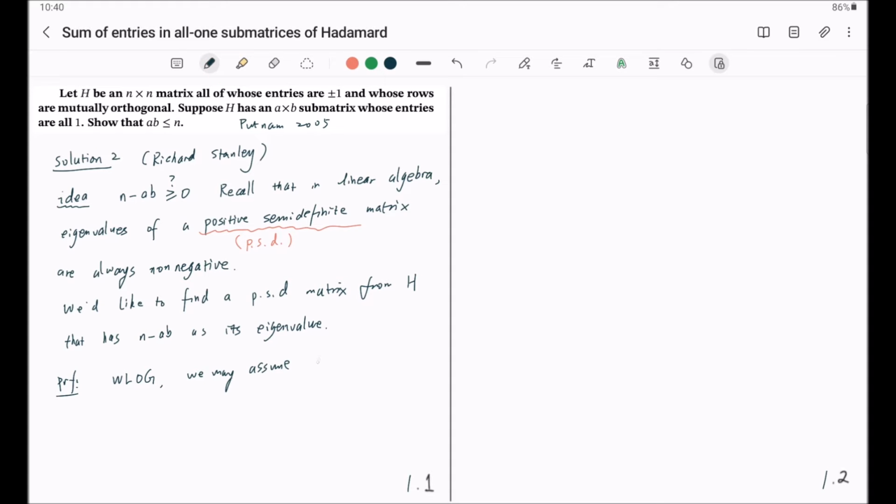So without loss of generality, we may assume that the A by B submatrix of all ones occupies the first A rows and B columns.